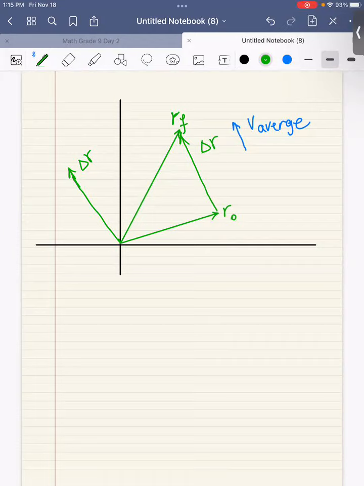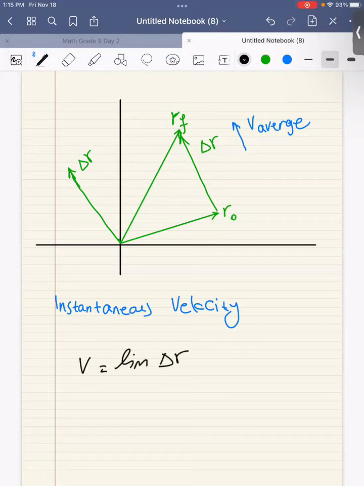Now the next thing is the instantaneous velocity. It's basically v, the limit of delta r over delta t when delta t goes to 0.